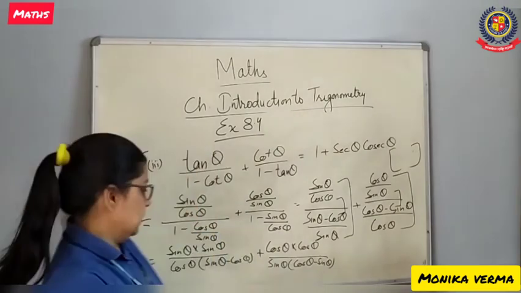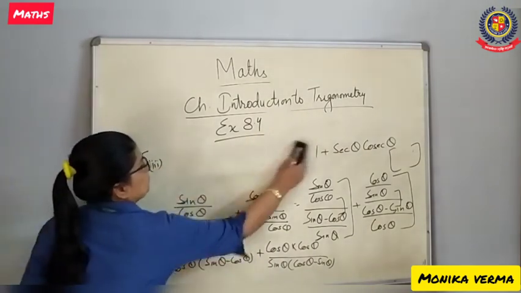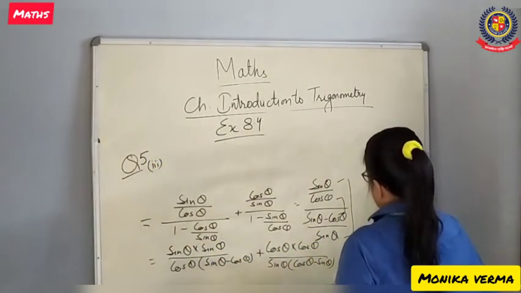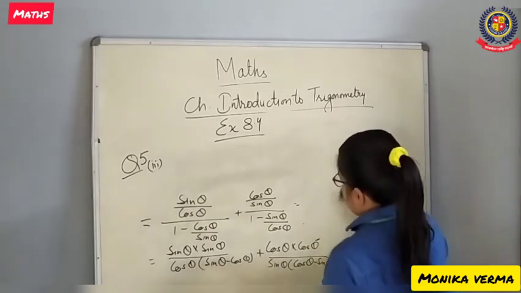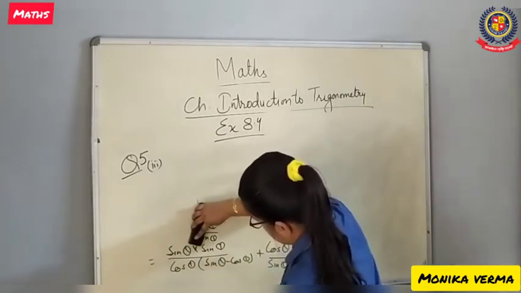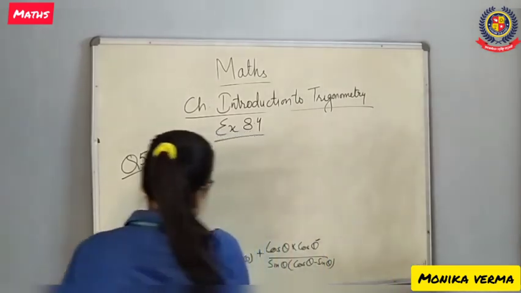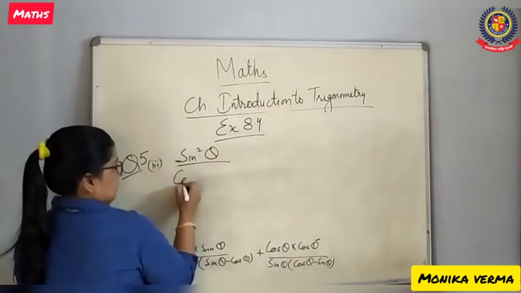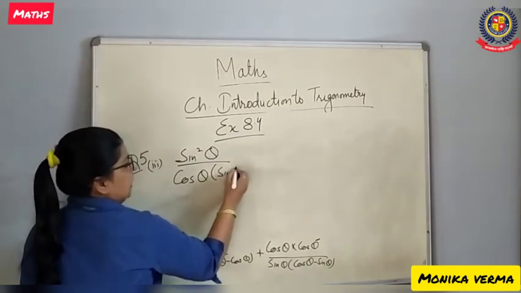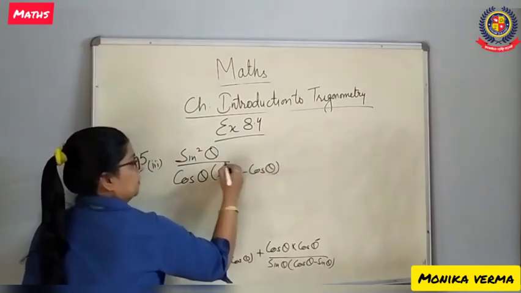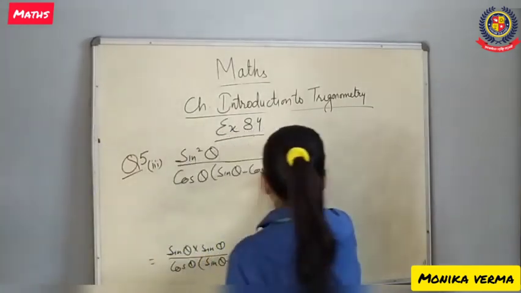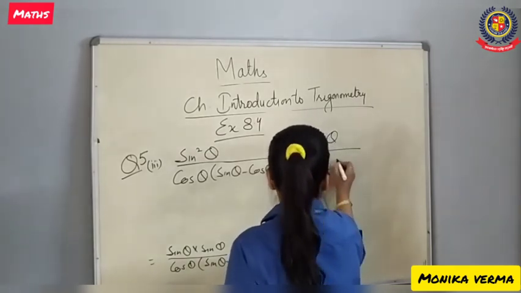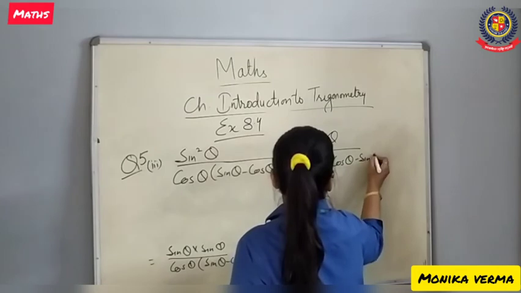We multiplied it this way. After this we got sin square theta upon cos theta (sin theta minus cos theta) plus cos square theta upon sin theta (cos theta minus sin theta).